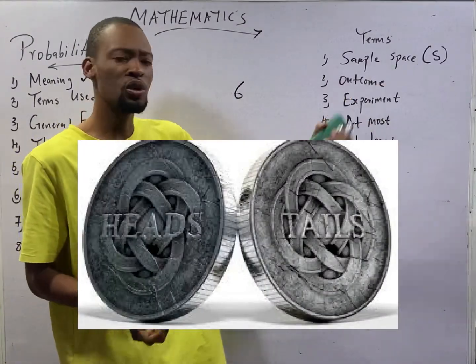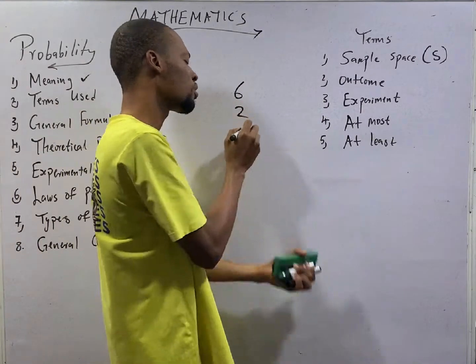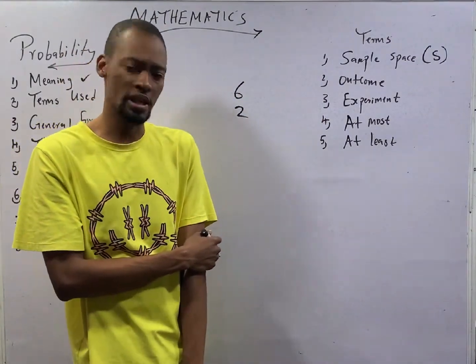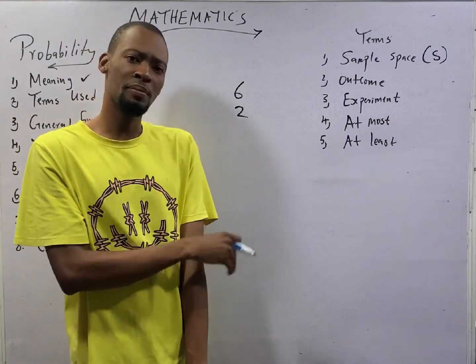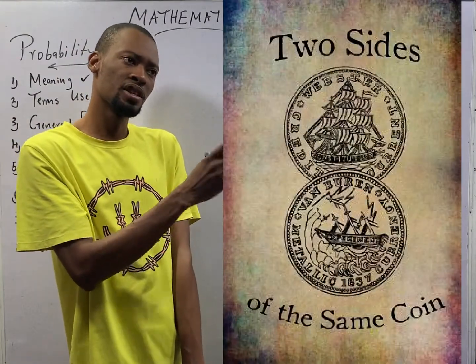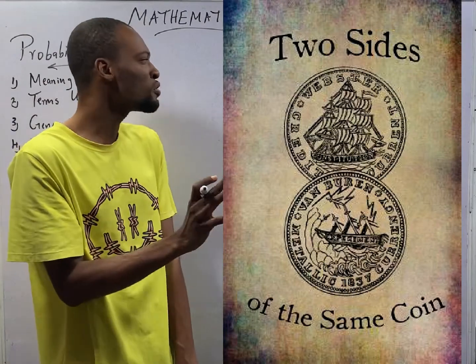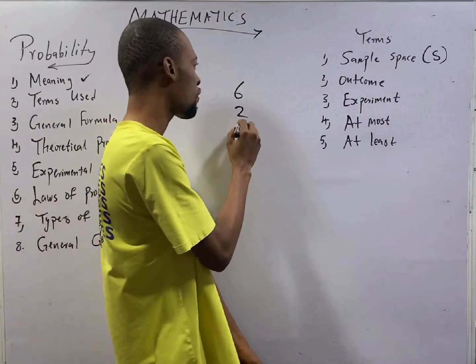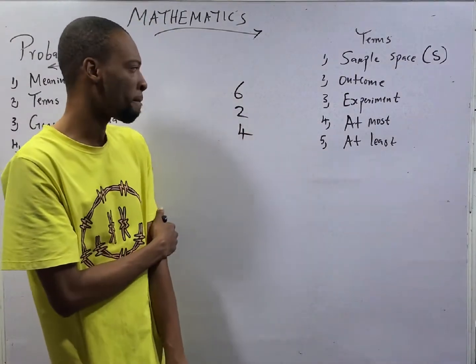So the outcome will be 2. If I throw two coins, the result can either be head head, head tail, tail head, tail tail, which means the outcome has now increased to 4. So 4 is the outcome.